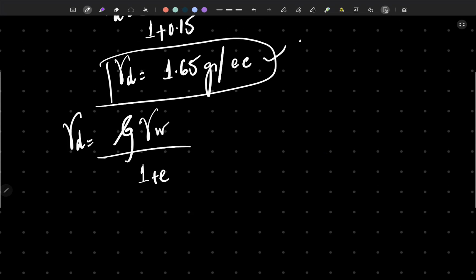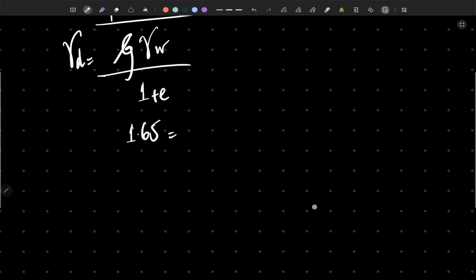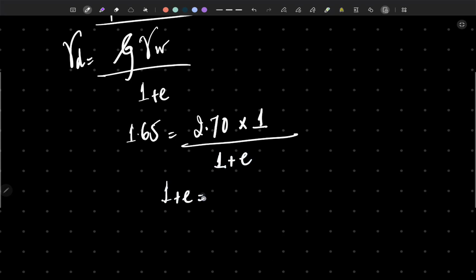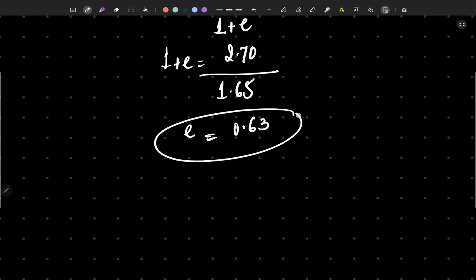Dry unit weight 1.65 grams per cc, specific gravity of soil solids 2.70, density of water 1 gram per cc. That means 1 plus e is equal to 2.70 divided by 1.65, and e, after calculations, is equal to 0.63. So we have found the void ratio.